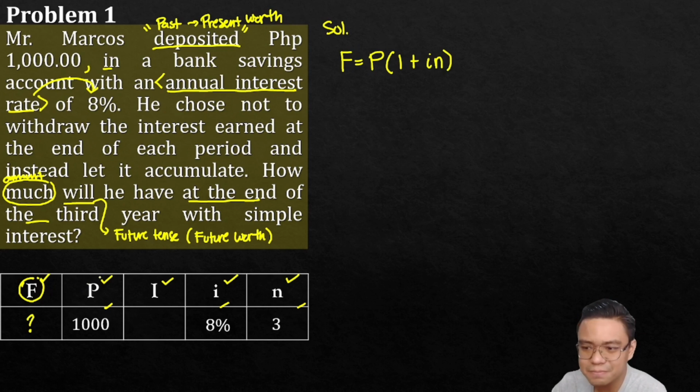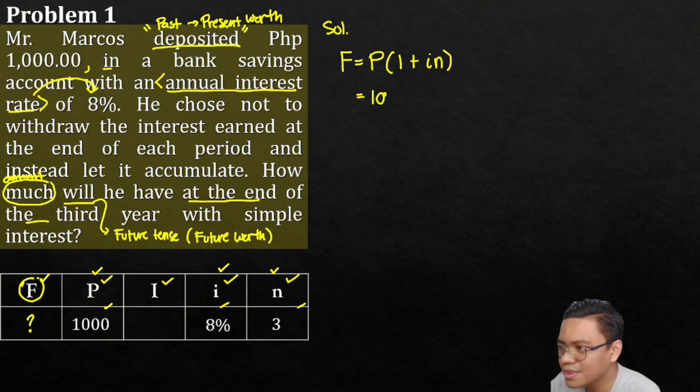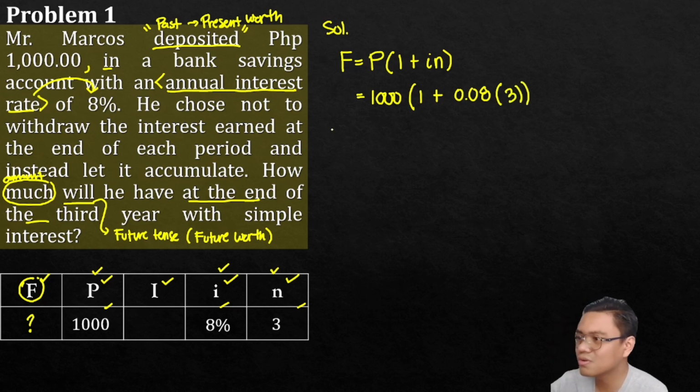We have here the P, the present worth, the I is the interest rate, and the N is the number of accumulation years. So that is 1,000 pesos times the quantity 1 plus 0.08, and N is 3 years.